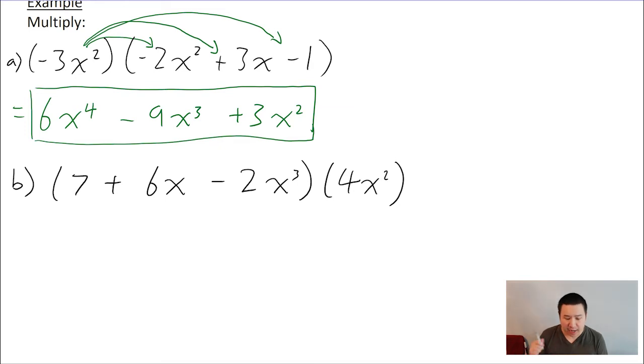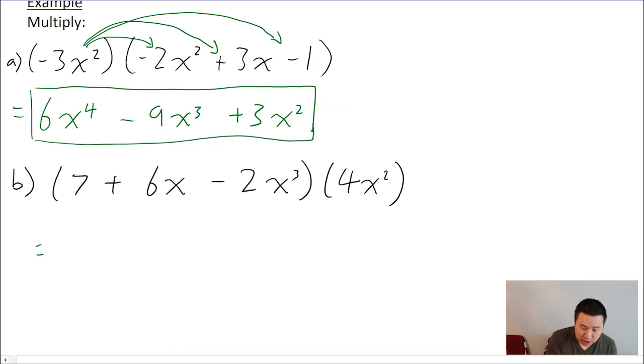I basically need every term in the trinomial to multiply with the monomial. And so the distributive property still applies here. We're just going in a slightly different direction. If you want to, you can always just move the pieces so that they look a little bit more familiar, but we can still work this out by doing the following.